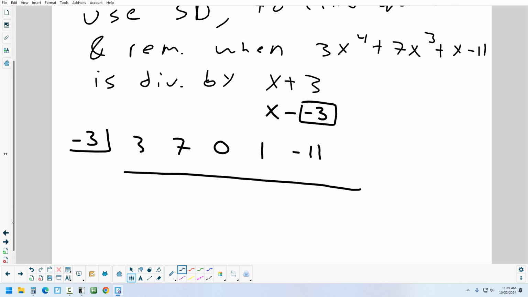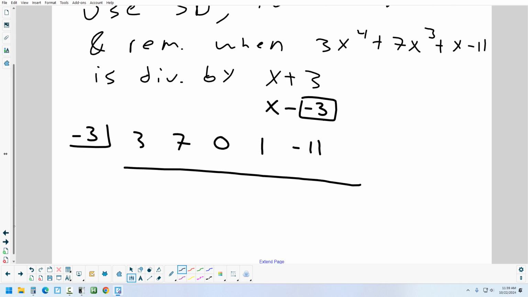Okay. What's my first step? Bring down the 3. Now multiply. What's negative 3 times 3? Negative 9. And what do we do with the numbers in that column this time? Add them. What's 7 plus negative 9? Negative 2. Now multiply negative 3 times negative 2, which is 6.